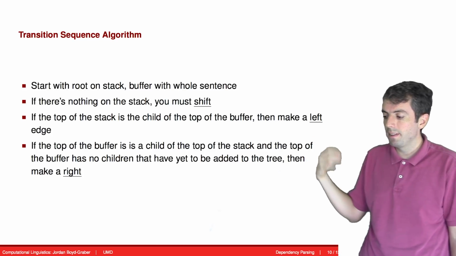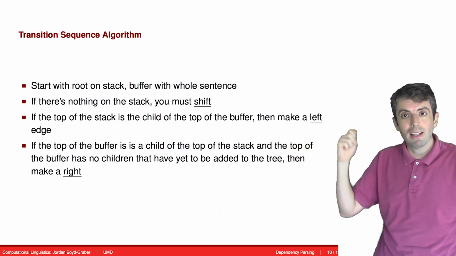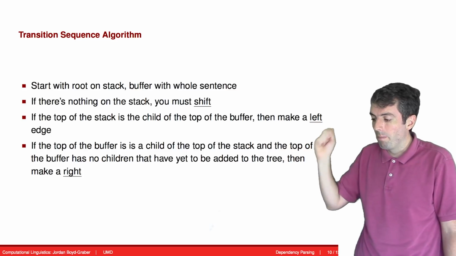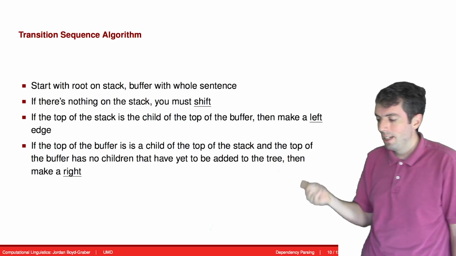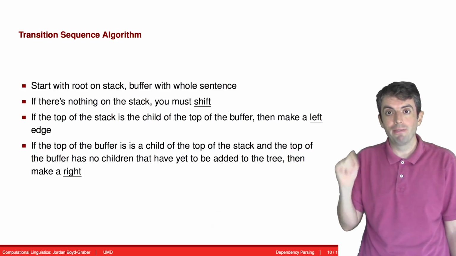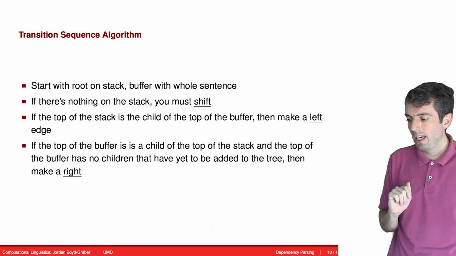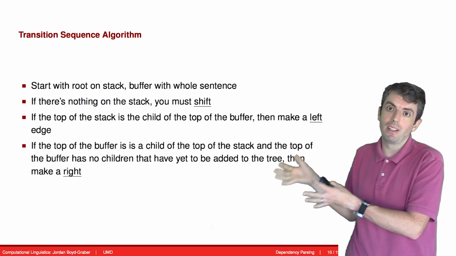And if the top of the stack is a child of the top of the buffer, then you make a left edge. And so that's kind of obvious. But what's trickier is that you can only add a right edge if the top of the buffer has no children that have yet to be added. And this is a way of encoding what we saw before.